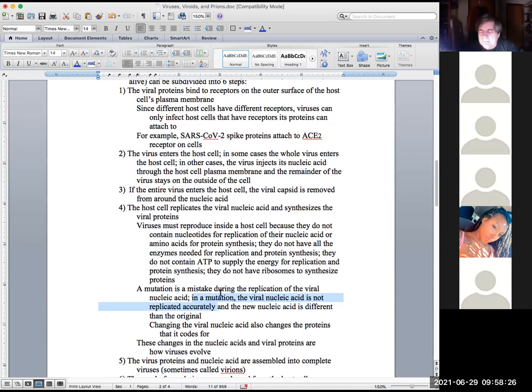But remember, the order of the nucleotides tells the cell the primary structure of its proteins. It tells the structure, the order of the amino acids in the proteins. So if you change the DNA or RNA, whatever the virus has, not only do you change that, but that also changes the proteins.